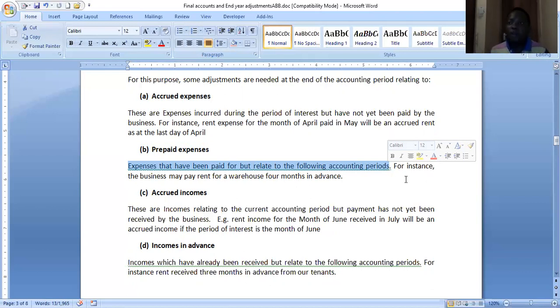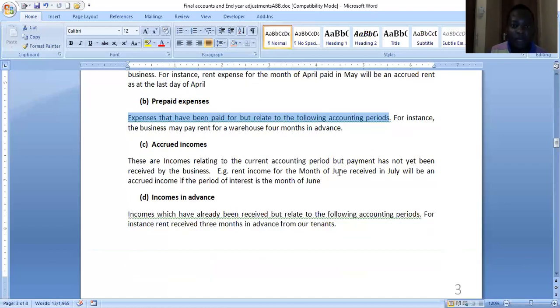Assuming you pay rent for the month of July and August in the month of June, the rent that you have paid for July and August will be prepaid rent. So rent that has been paid but not yet incurred will be a prepaid rent expense.